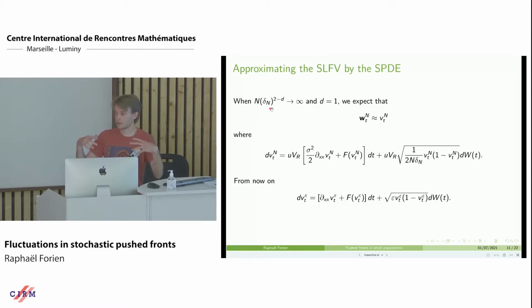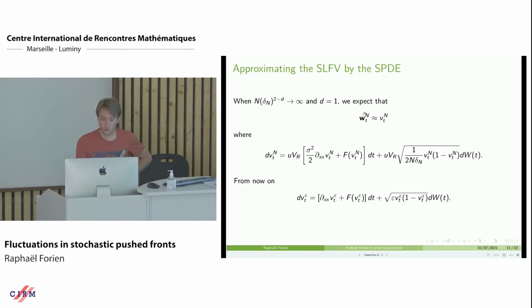So my spatial Lambda-Fleming-Viot process is doing some fluctuations around the deterministic limit, and we're going to cross our fingers and hope that these fluctuations are roughly the same as the fluctuations of the SPDE, where I put a small noise term. If you do the calculations and compute the mean and the variance, you can convince yourself that this is the right scaling to consider.